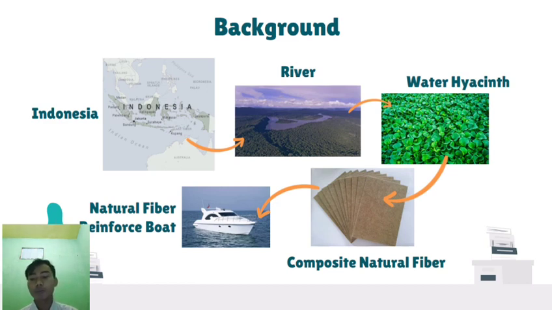Such fiber raw materials are easy to obtain and renewable. For example, water hyacinth fiber composite material is very promising in terms of availability, as the raw material is very abundant, easy to obtain, low priced, and non-toxic. From this description came the idea of composite research with water hyacinth fiber and the manufacture of a prototype.